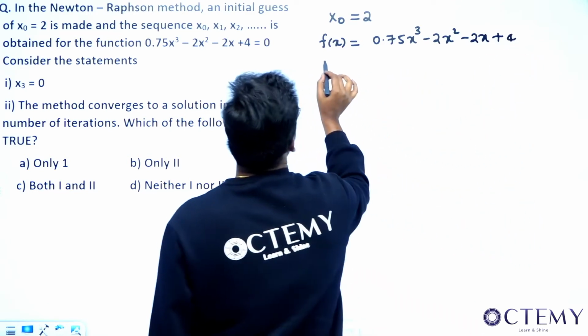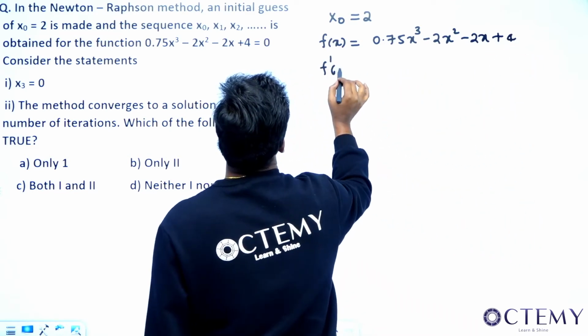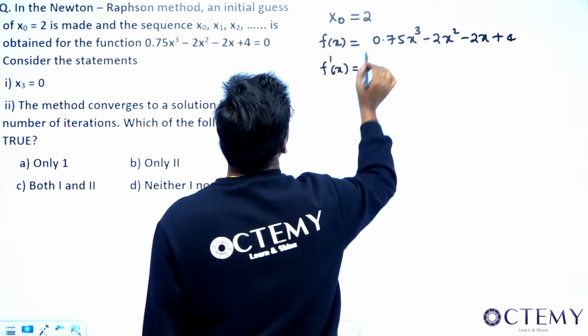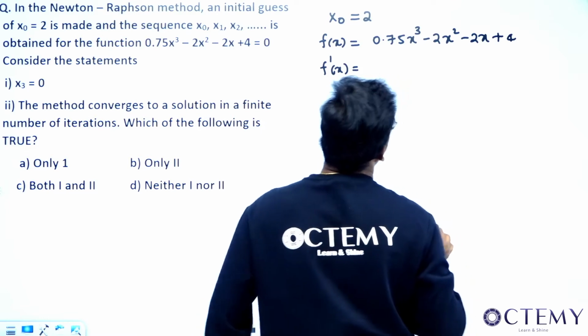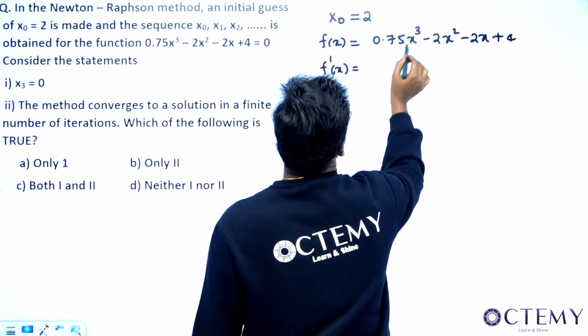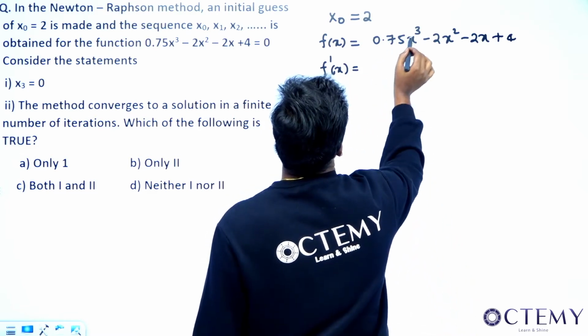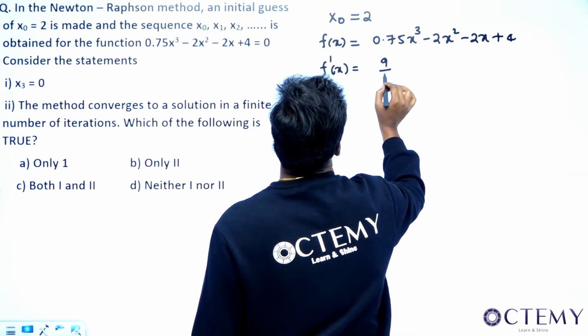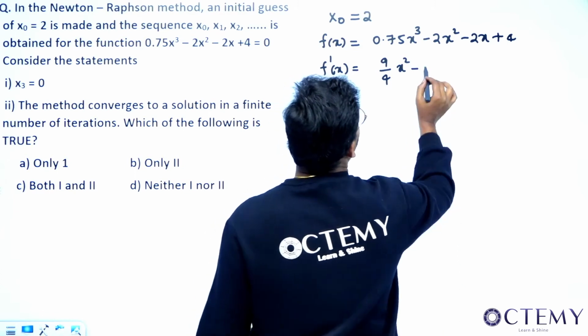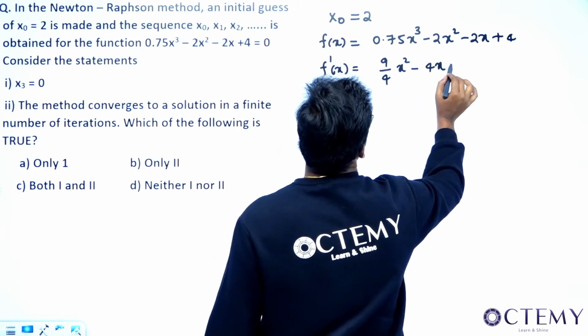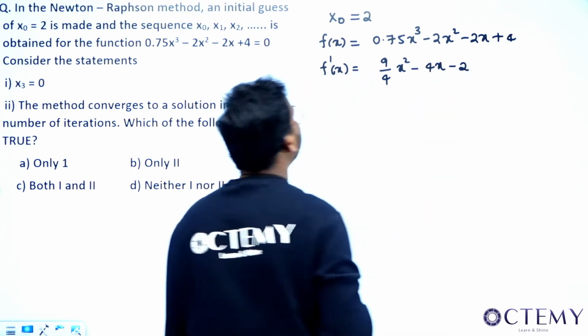So what will be your f dash of x, sir? The f dash of x will be, this is basically 3 by 4, so it will become 9 by 4 x square minus 4x minus 2. So this will be your f dash of x.